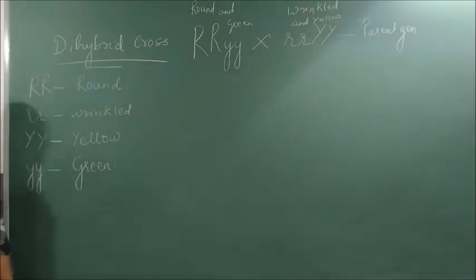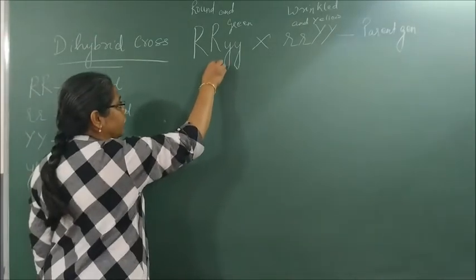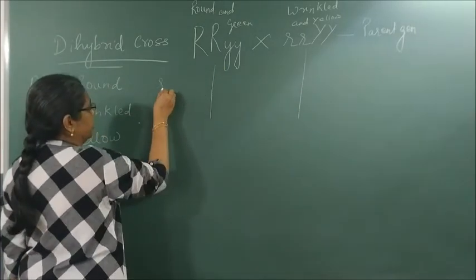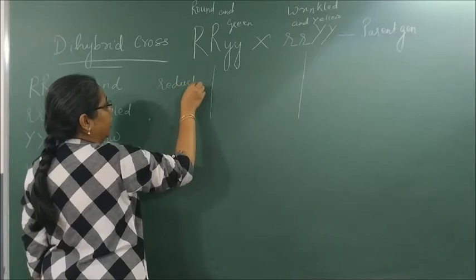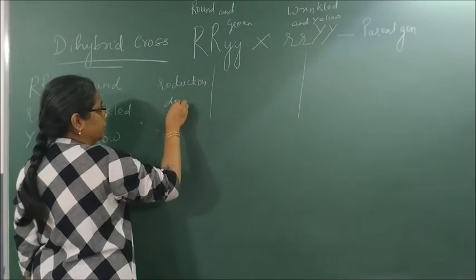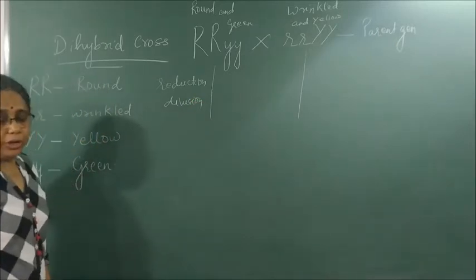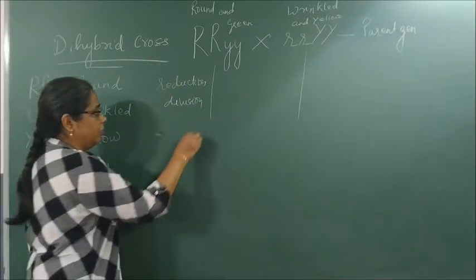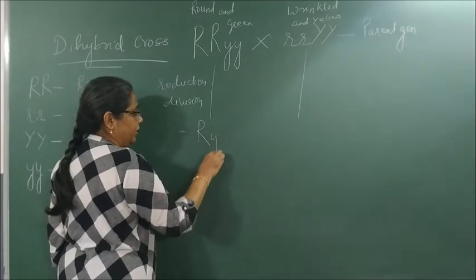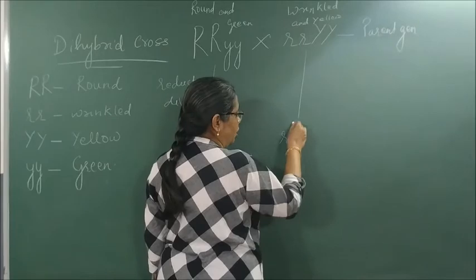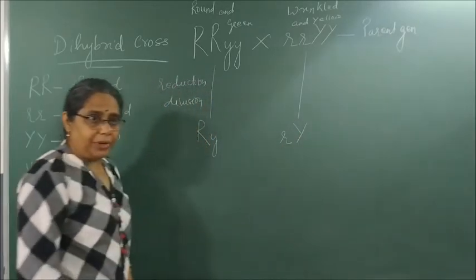Round and green and wrinkled and yellow is our parent generation. Now what division happens on both sides? Reduction division. When I have reduction division, the chromosome number becomes half. Look here, RR will give one R and yy will give one y. Here it will be small r and capital Y.